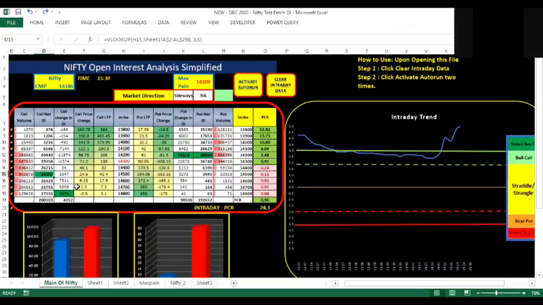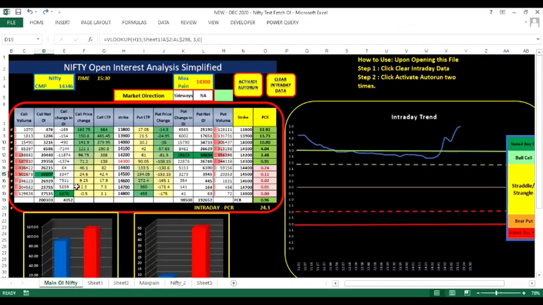Which means this level is where the highest open interest is being created by the call writers. You need not manually try to find out which is the highest number. Anything which is highlighted is the highest number. Similarly, on the put side, the highest number is at 14,200. So it is very clear that maximum put writing is happening here.